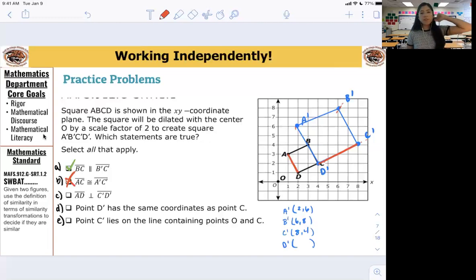Something that might be tricky is that AD doesn't actually connect with D'C', right? They don't connect. However, what does perpendicular mean? What's the definition of perpendicular? 90 degrees, right? So it's a little bit tricky. I think this might be one of those trick questions.